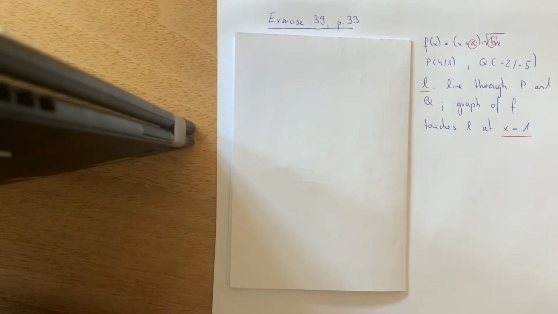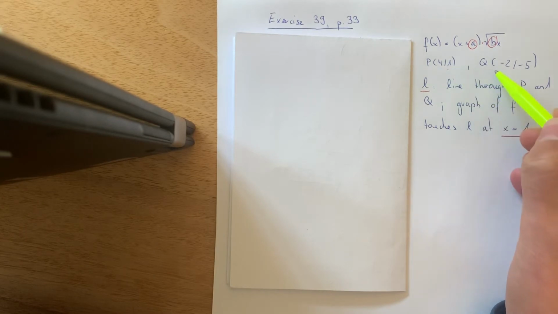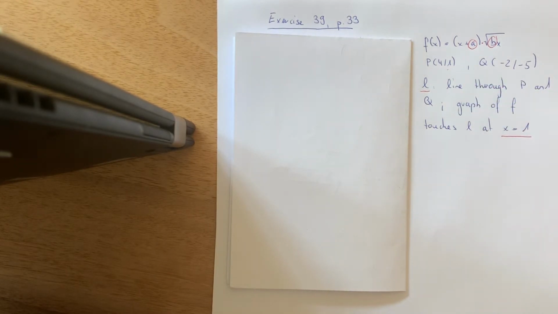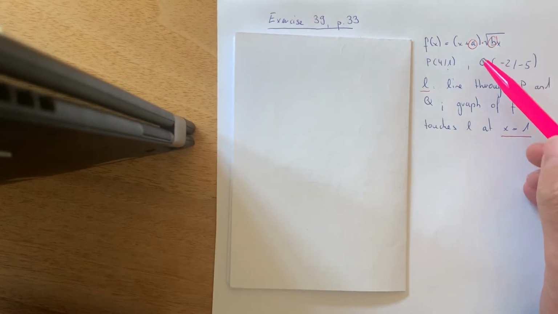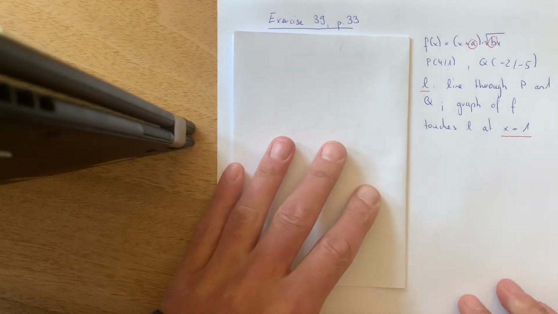So what do we know about the straight line? Well, we know that the straight line passes through 2 points, this point P and this point Q. Okay. So once again, we have a straight line defined by 2 points, P and Q, and the graph of the function f touches that straight line at x equals 1.